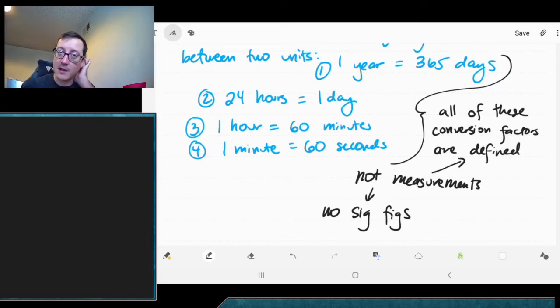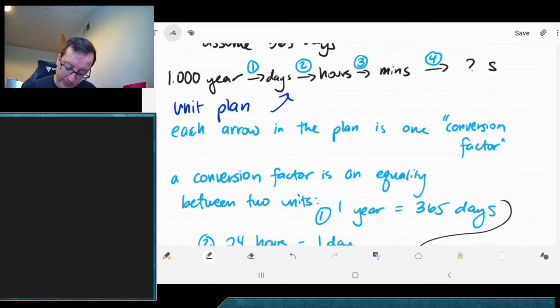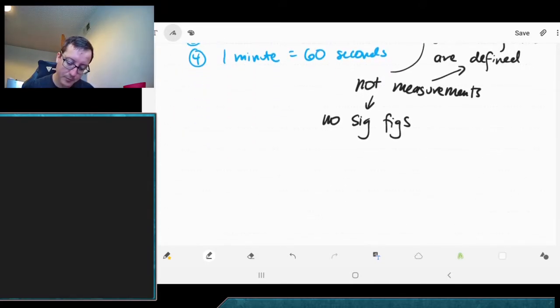And we're going to see what that looks like. The rule of thumb is essentially take a look at the sig figs of your starting number, 1.000, and you're going to generally end with the same number of sig figs. Because we're going to see we're just going to be doing multiplication and division with these. So let's go ahead and see what this is going to look like. Yay, no sig figs for those numbers.